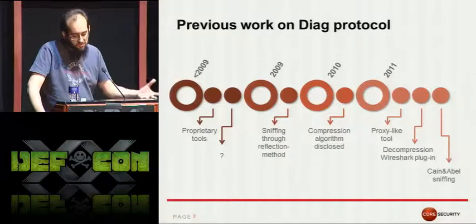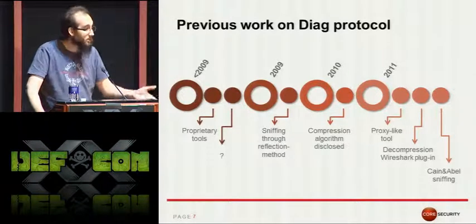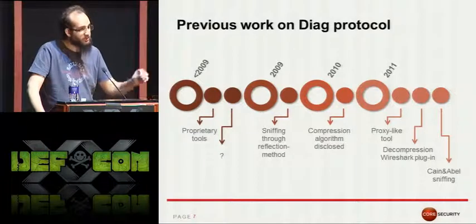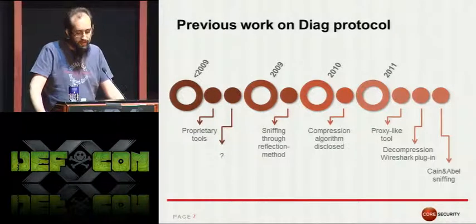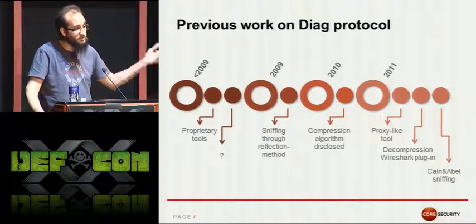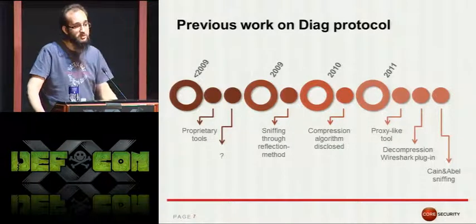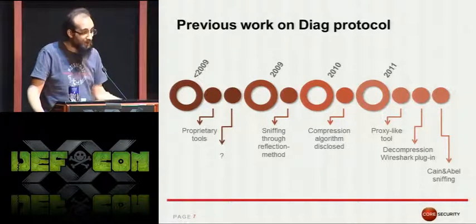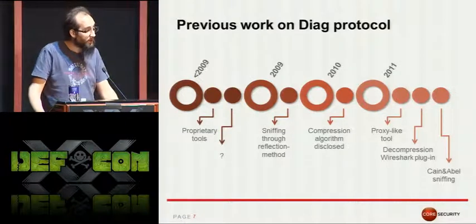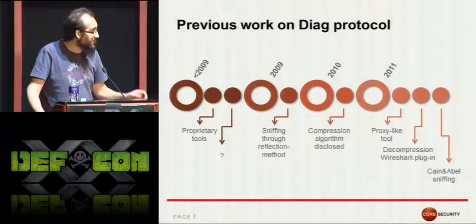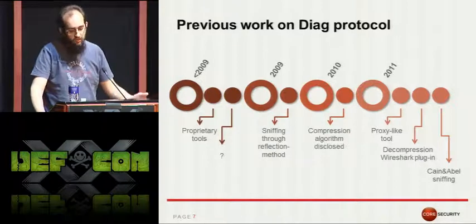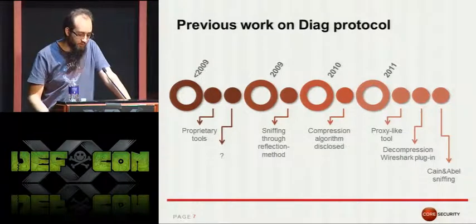The main one and the most interesting is a proxy-like tool that was released by SensePost, and it's a Hub application that you can run to proxy communications between a GUI and the application server. Additionally, the compression plugin for Wireshark was also released, and some sniffing capabilities were added to Cain and Abel to get credentials as well.